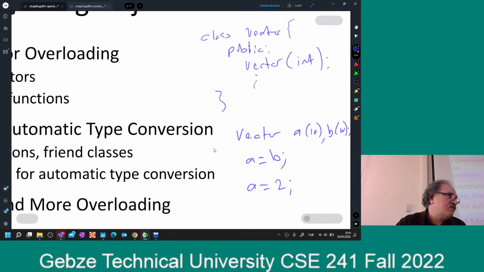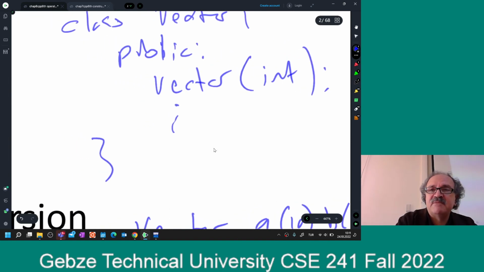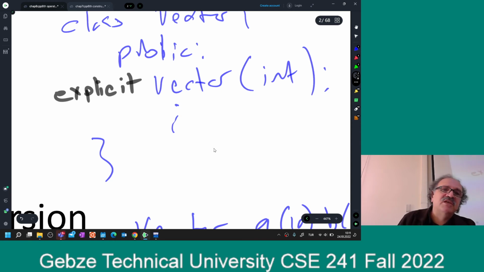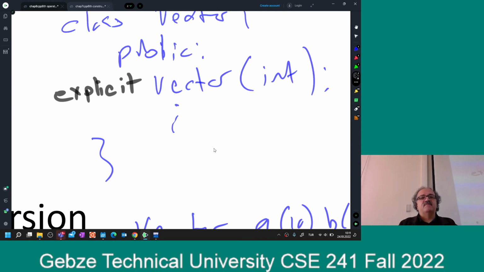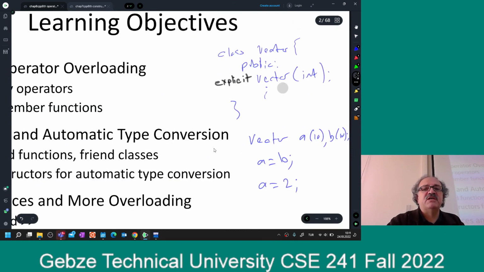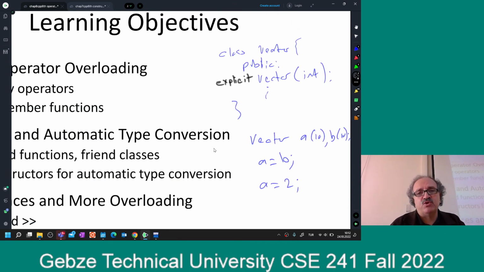This should not work. So how am I going to prevent it? You put this C++ keyword, I am going to write it in bold letters: explicit. The keyword explicit says don't use this constructor as an implicit conversion constructor.